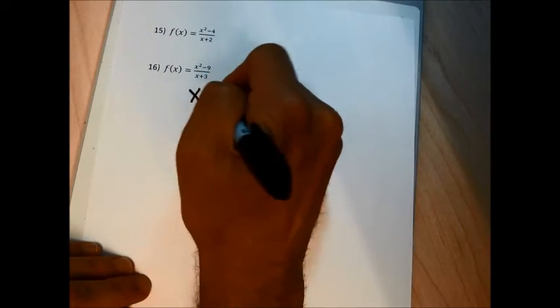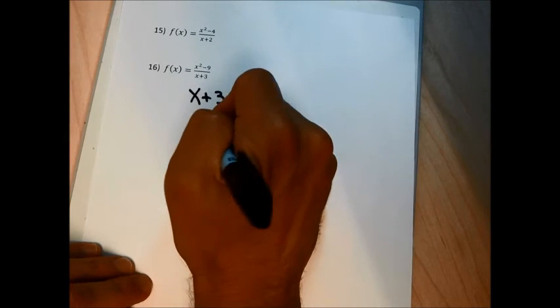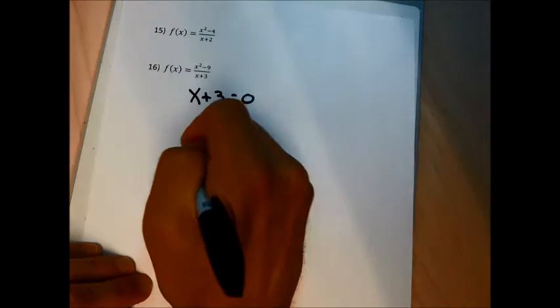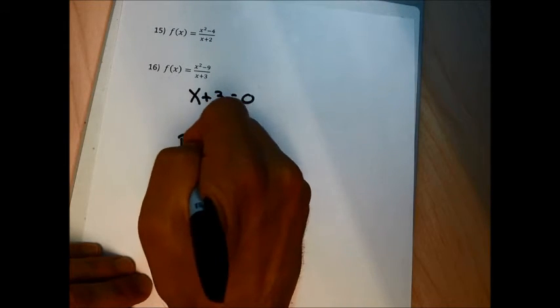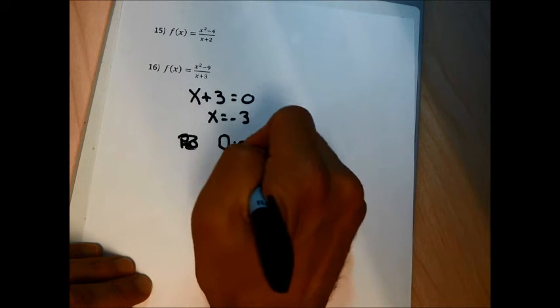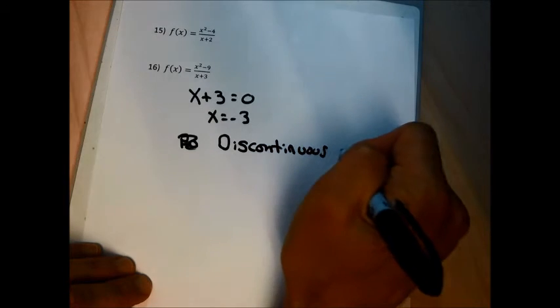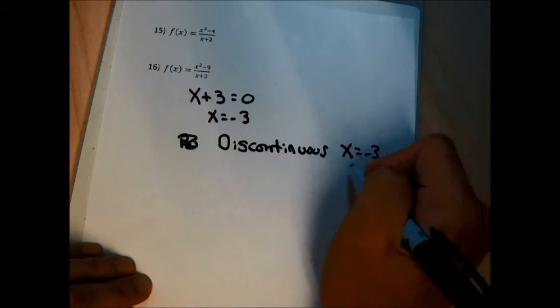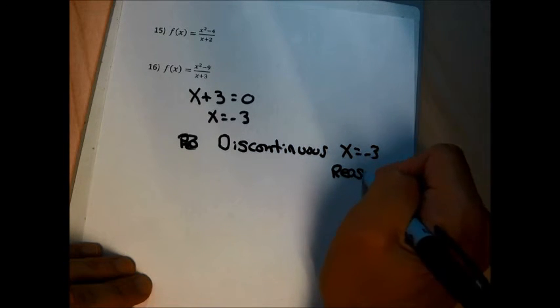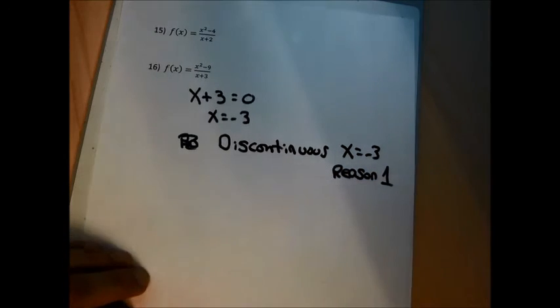15 and 16, they're going to have a point of discontinuity. When I do problem 16, to get the point of discontinuity, I take the denominator and set it equal to 0. So it has a point of discontinuity, or it's discontinuous at x equal negative 3, and it's reason 1.